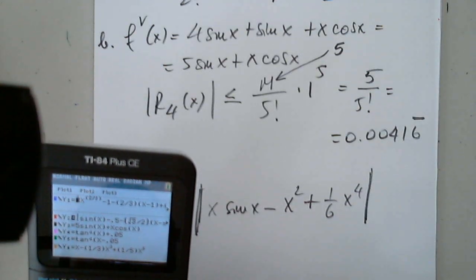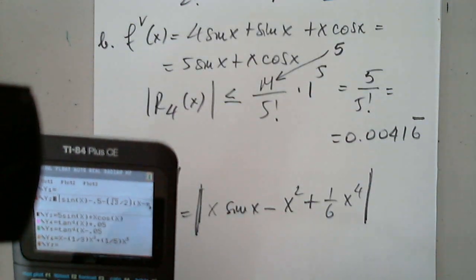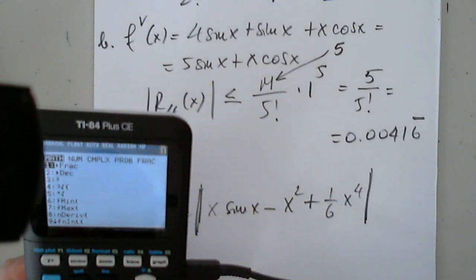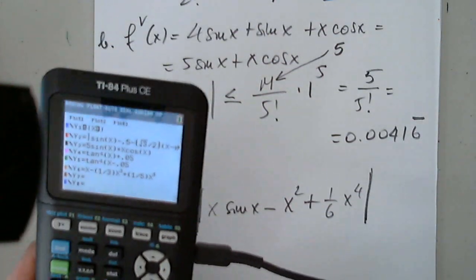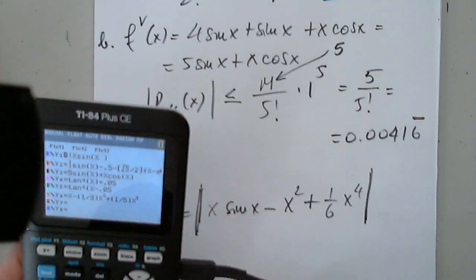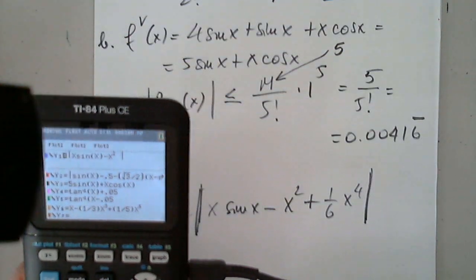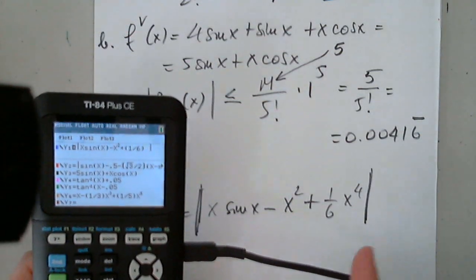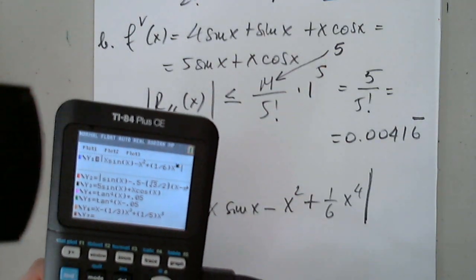Okay, so I'm going to clear this one, de-highlight that. I'm going to use the absolute value of x sine x, and then minus, in parentheses, x squared plus 1 divided by 6 multiplied by x to the power 4.